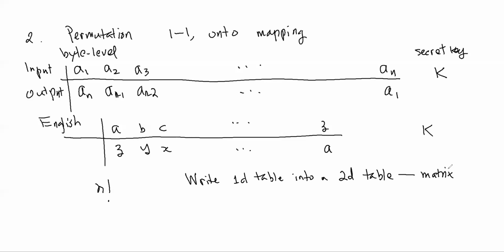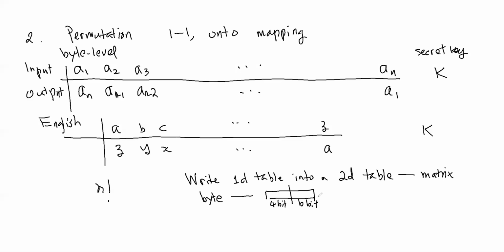So how can you do that? One way to do this is by looking at each byte. We can break a byte, which is 8 bits, into a 4-bit prefix and a 4-bit suffix.